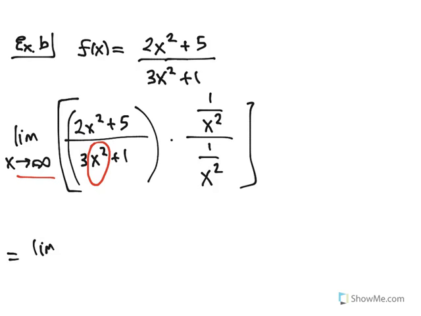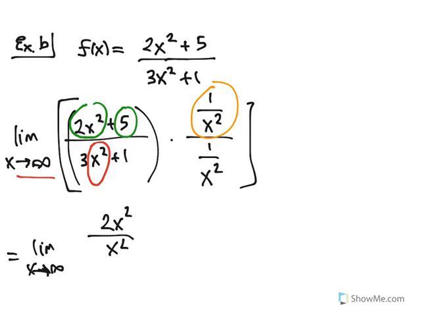But look at what happens here. As x goes to infinity, now our function will be rewritten as follows. When you multiply 2x squared and 5 by 1 over x squared, you will get 2x squared over x squared plus 5 over x squared.